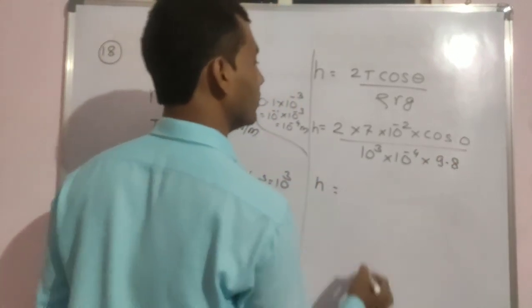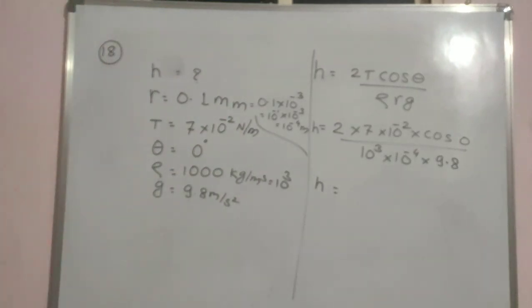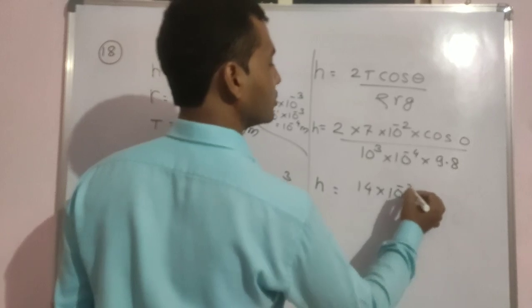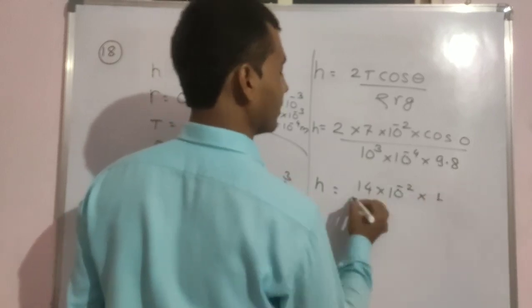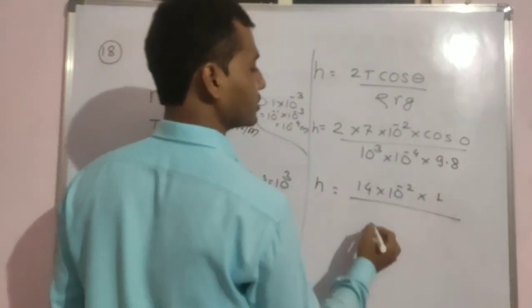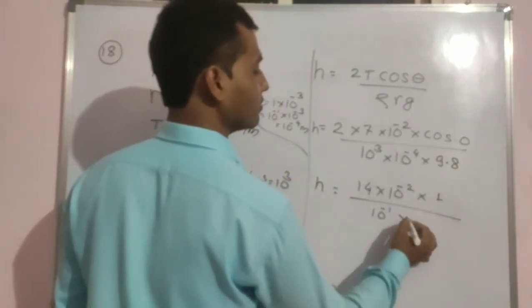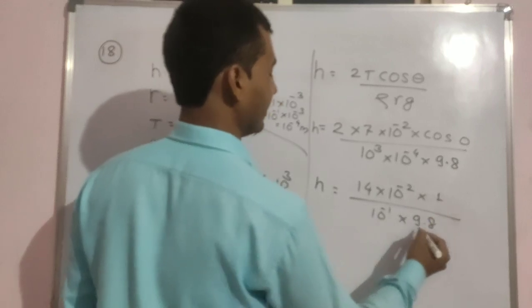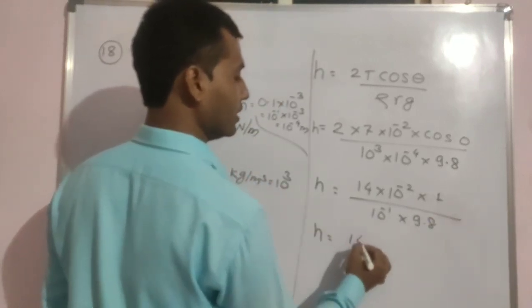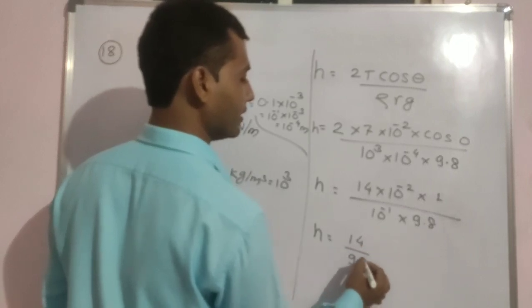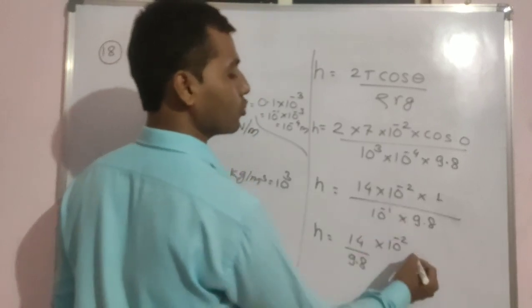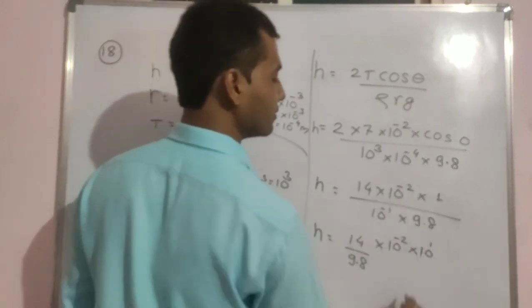So h is equal to 2 into 7, that is 14 into 10 to the power minus 2. Cos 0 is 1. What is cos 0? That is 1. Here 3 minus 4 will be minus 1, into 9.8. So h is equal to 14 divided by 9.8. Now the 10 to the power minus 2, this minus 1 will go upside and become plus 1.